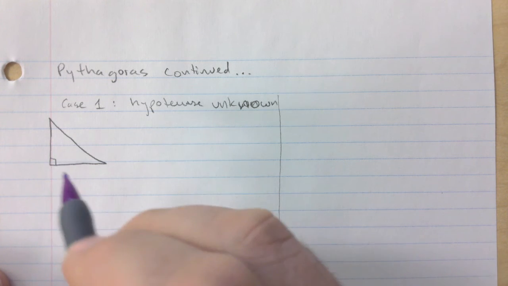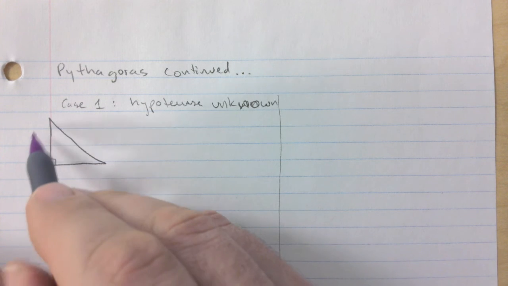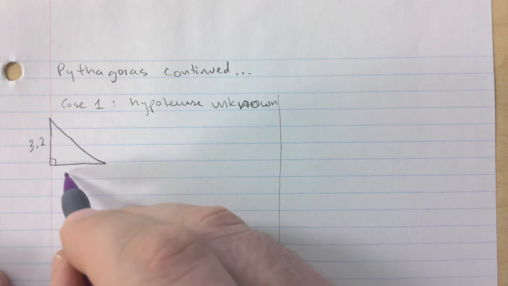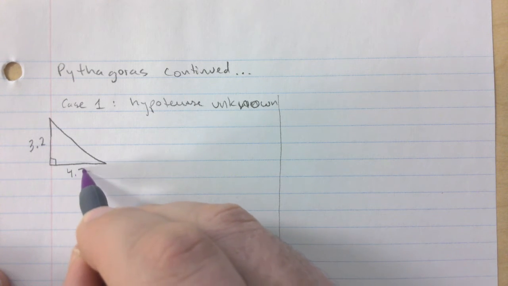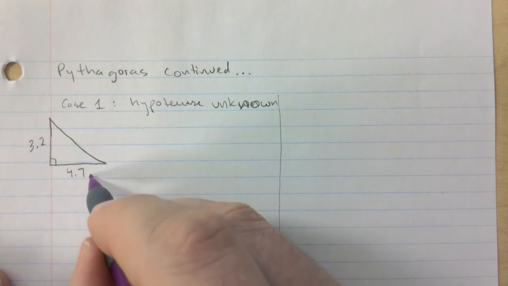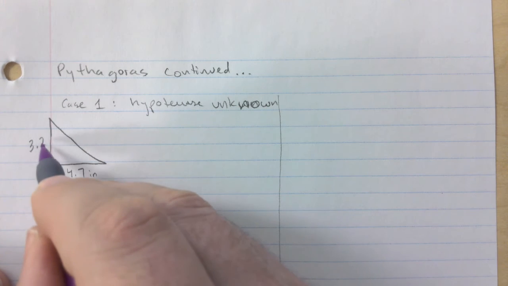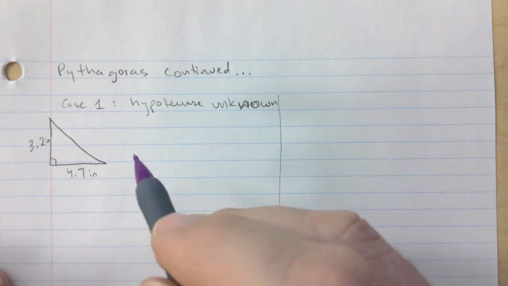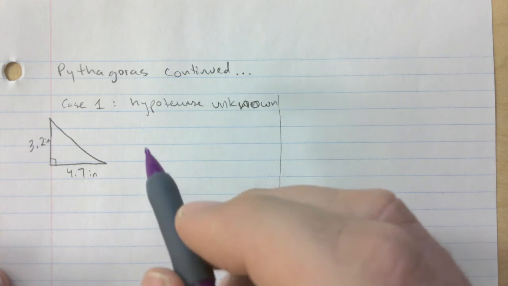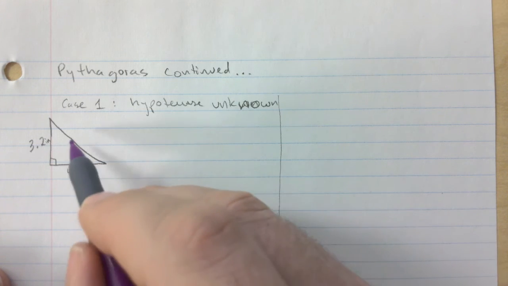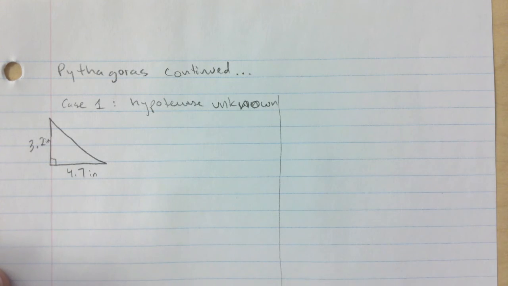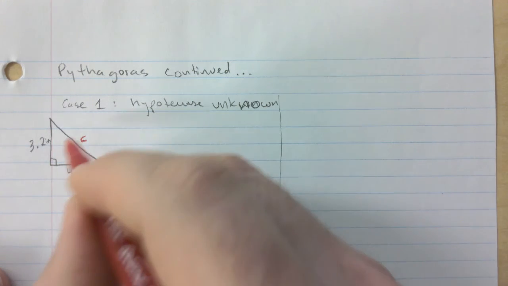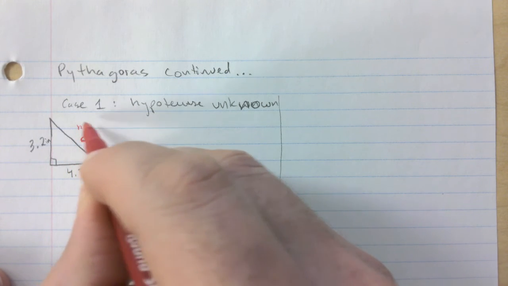And we have our 90 here. We'll say that this is 3.2 and this is 4.7. And let's go with inches. So we will automatically call this c because that's our hypotenuse, right?